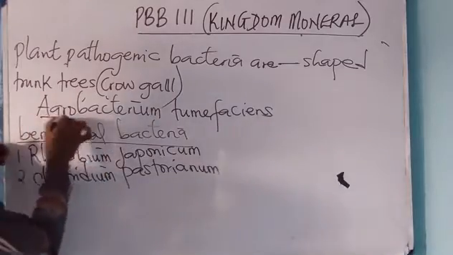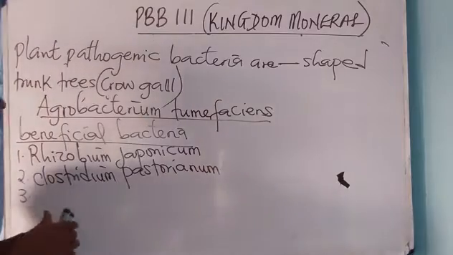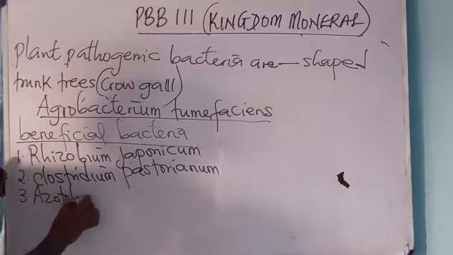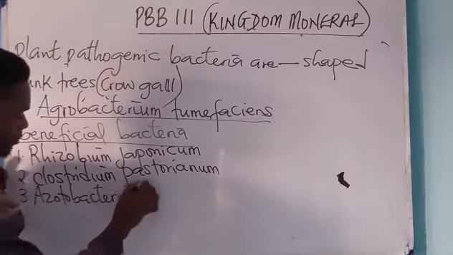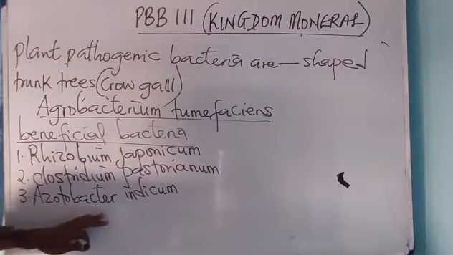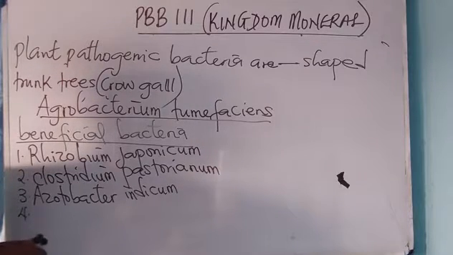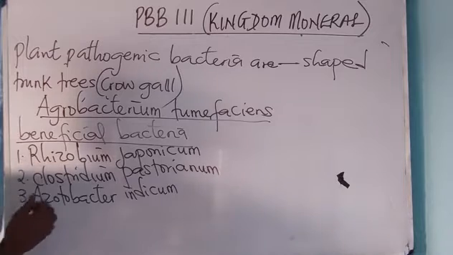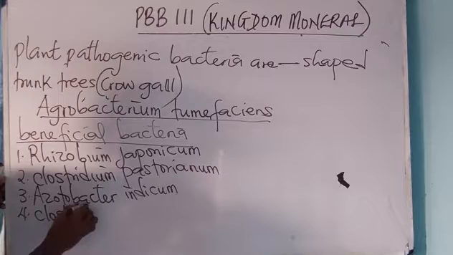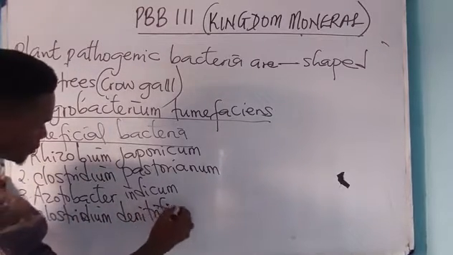Okay, but this one is a pathogenic what? Bacteria. Now number three, you also have the Azotobacter indicum. Then number four, you also have the denitrifying bacterium called Clostridium denitrificans.